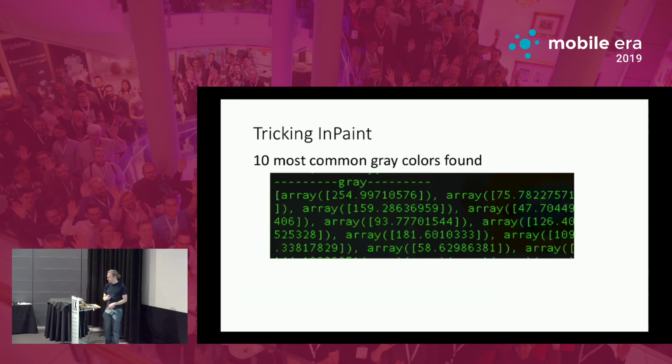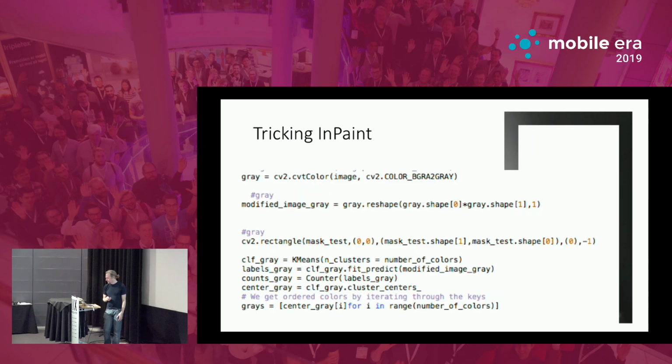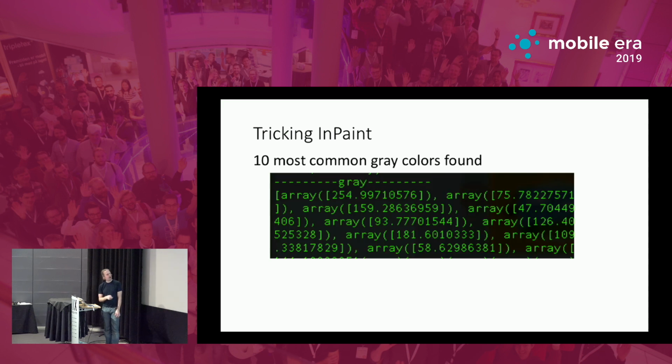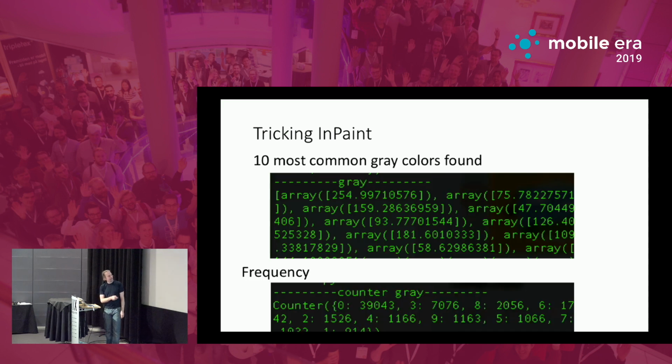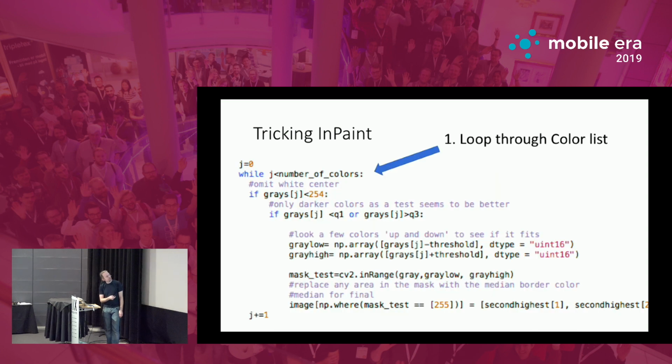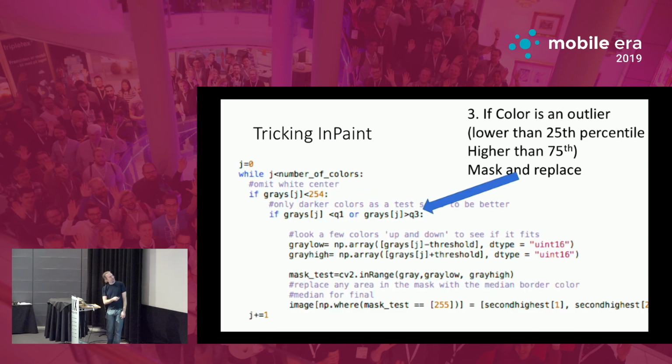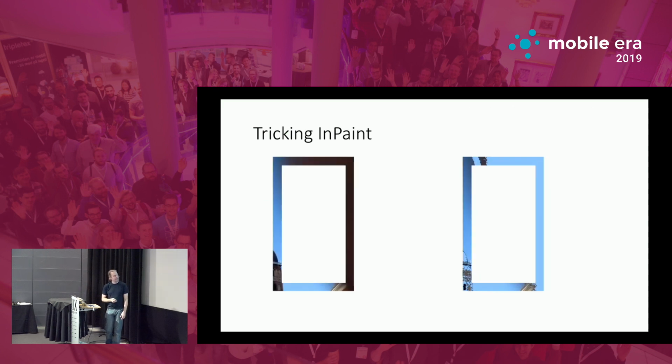And then I found the most common gray colors and how often they appear. And then I just loop through all the colors, and if they're outside of the 50% in the middle, I remove them. And you can see I got rid of a lot of the colors there.